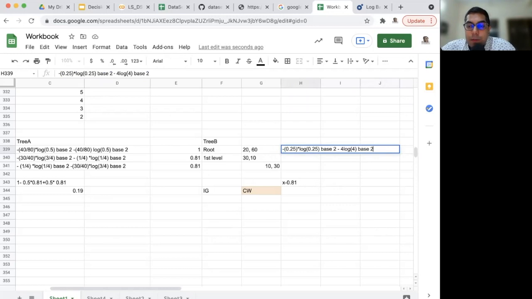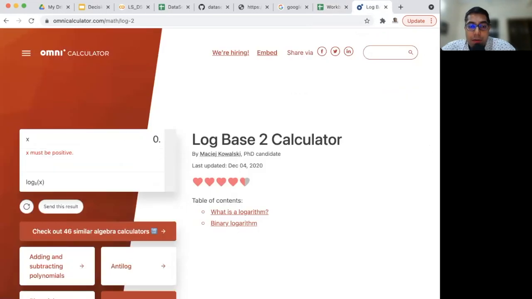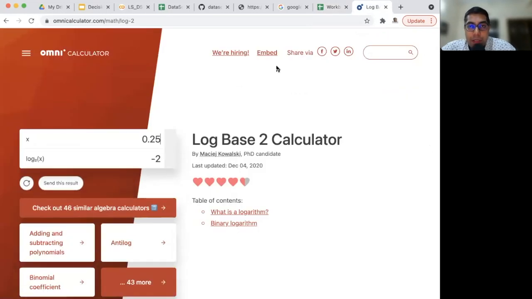Okay, let's put this now. So this is wrong. Let's look at log 0.25. That's minus 2. Log this piece is minus 2, so this is 0.5.